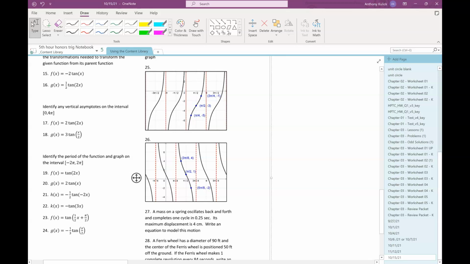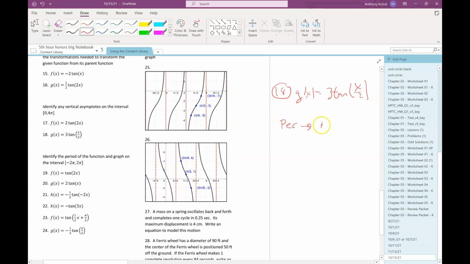So it says to identify any vertical asymptotes on the interval 0 to 4 pi for 3 tangent x over 2. Oh my goodness. So I remember for tangent, 2 important facts.